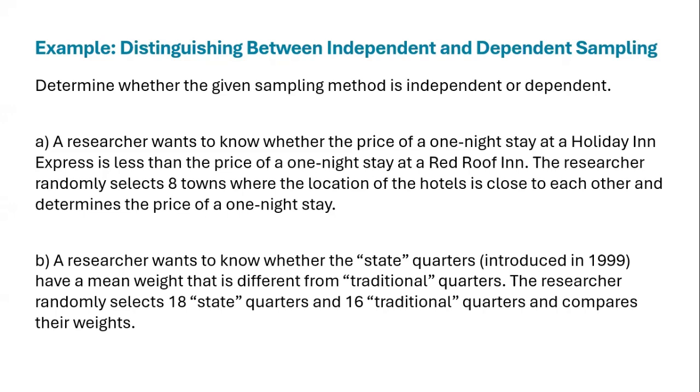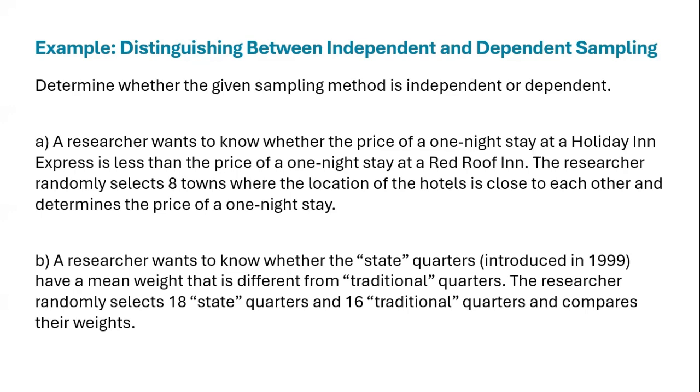So we have two samples. One sample for Holiday Inn, one sample for Red Roof Inn. But the researcher selected 8 towns where the location of the hotels is close to each other.